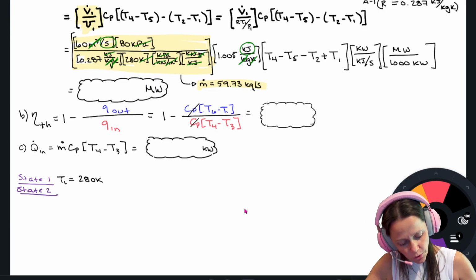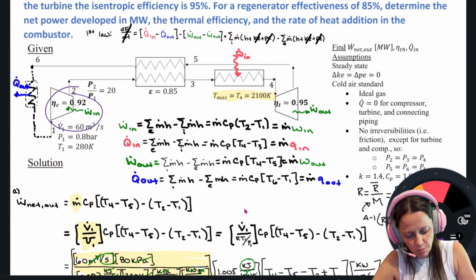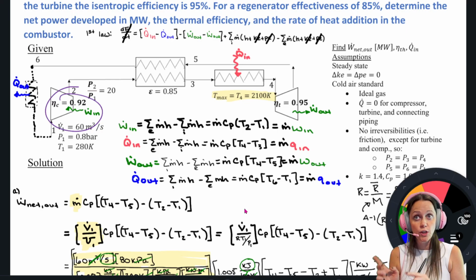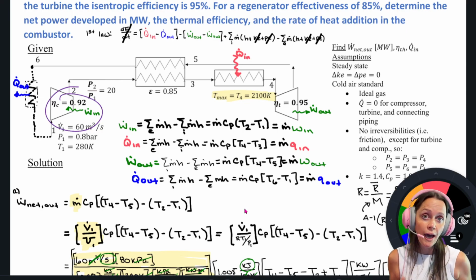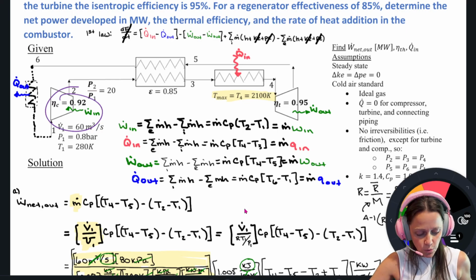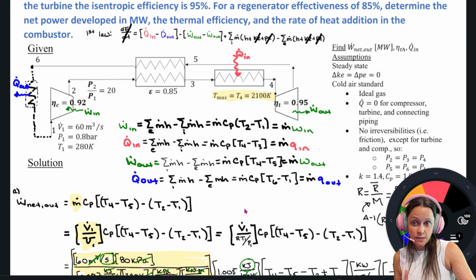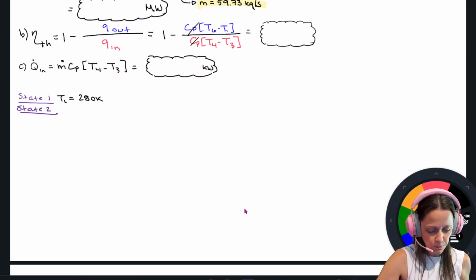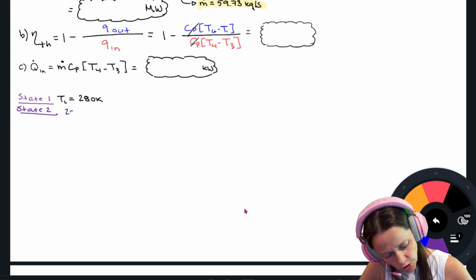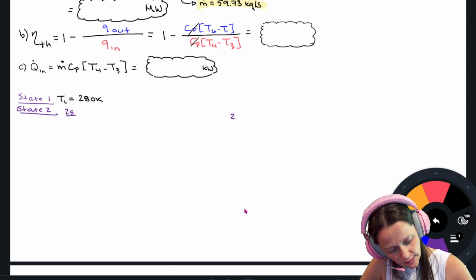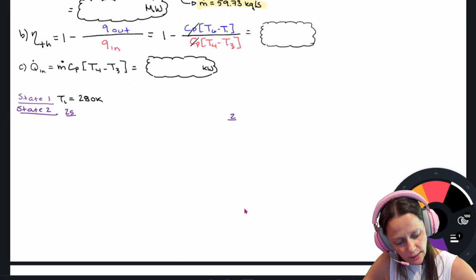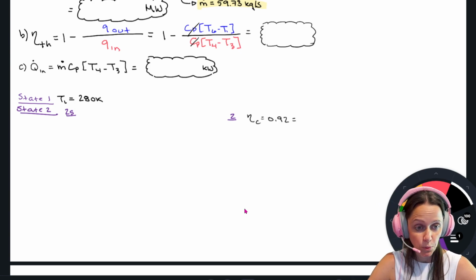Then we've got state 2. State 2 is after that compression process, and we do have an isentropic efficiency given to us. So we'll need to figure out T2S as well as T2, state 2S and state 2. State 2 is going to require me to use the equation for that isentropic efficiency, which is 0.92.